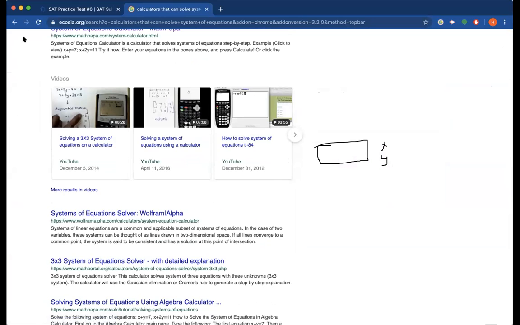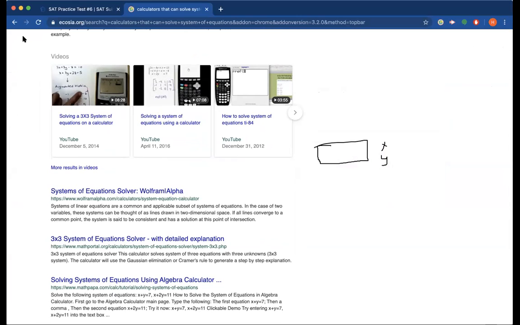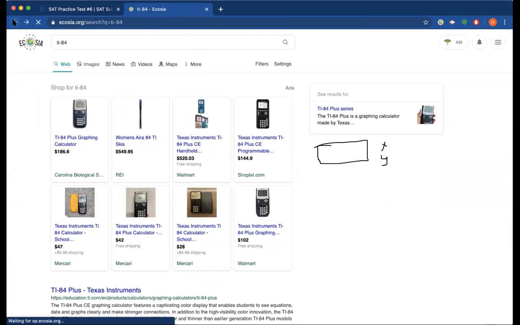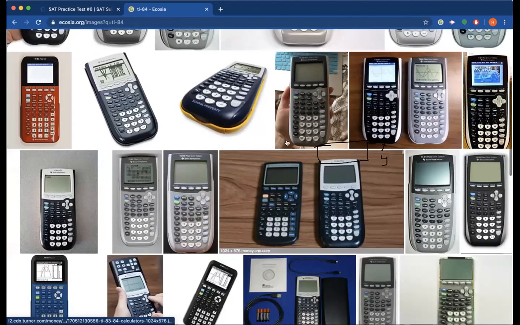No, I'd say TI-84 is the best way to go. But be sure to check it out first. Try to look at it carefully.